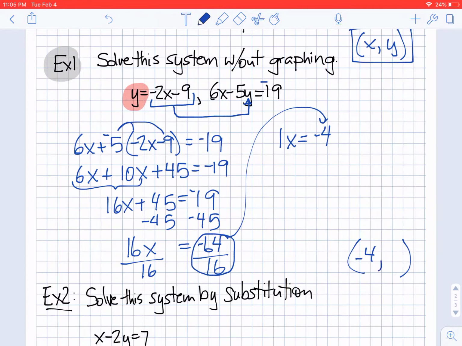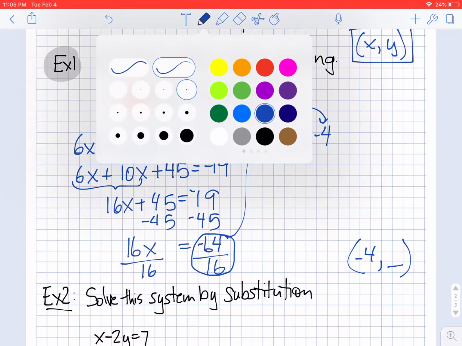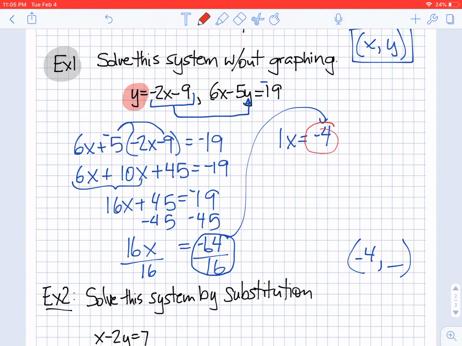Now all I need to do is go figure out the y value. To do that, you take this negative 4 and you go to either of the two equations and you plug it in. So you could go here, or you could take it over here. I'm going to take it to the first equation, y equals negative 2x minus 9.